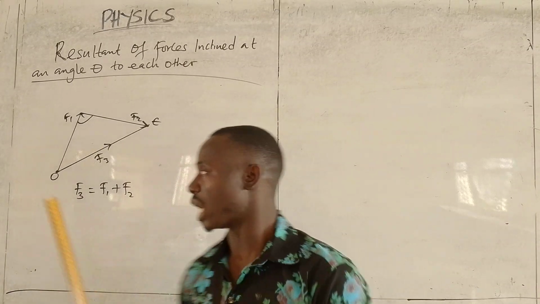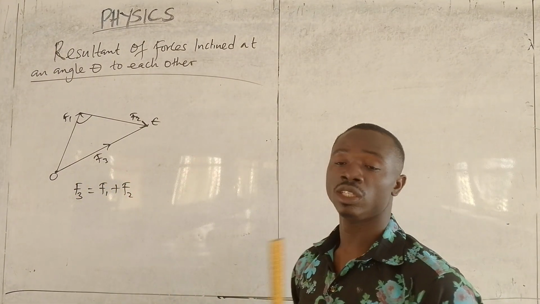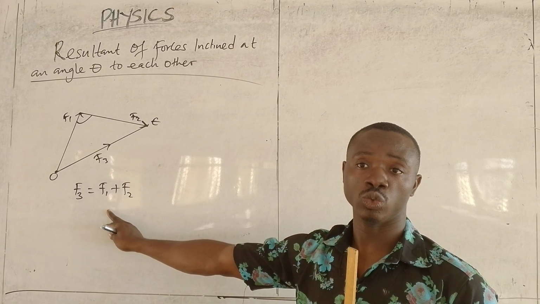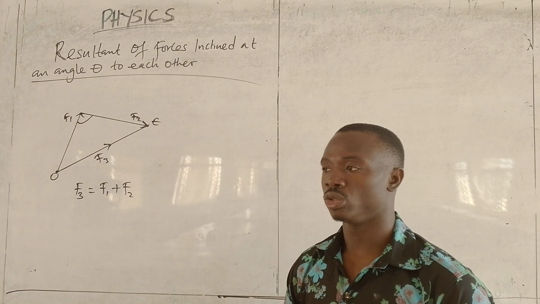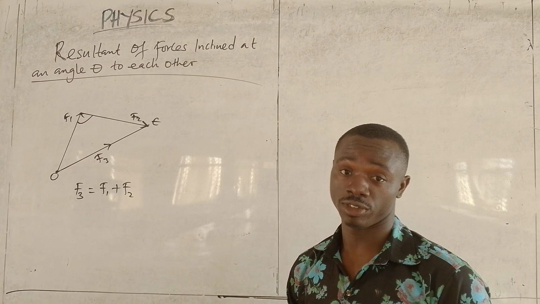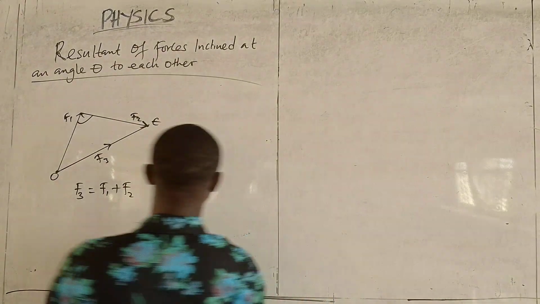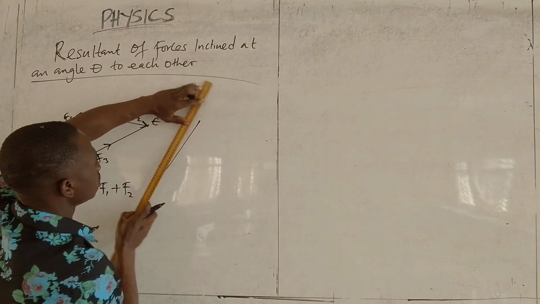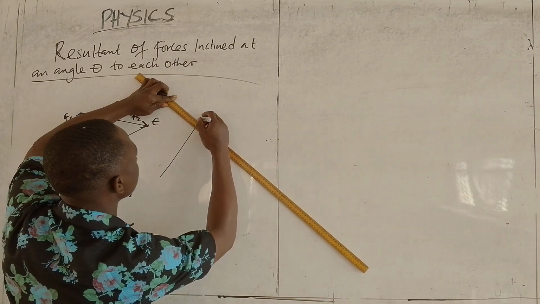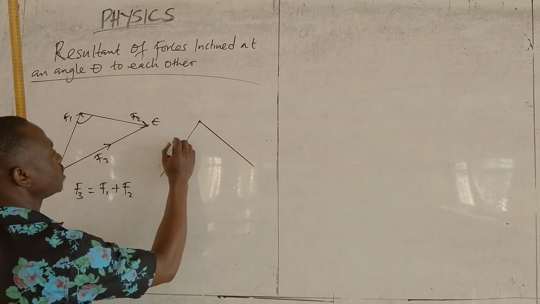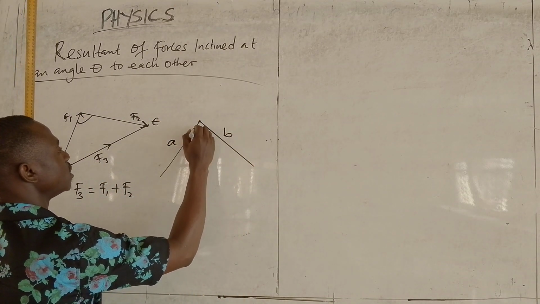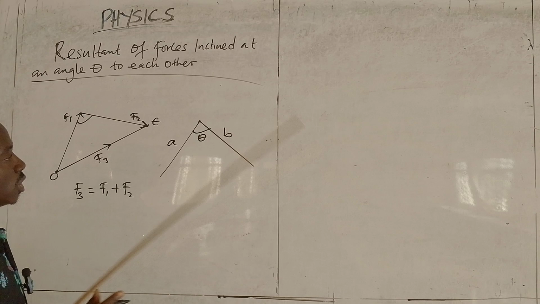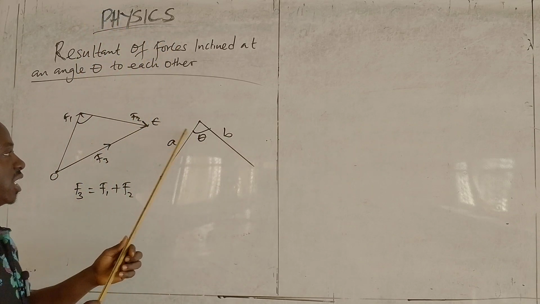Now, this addition is what we do in mathematics when we use the cosine rule. I believe you understand trigonometry very well, where if you have a triangle with two lines, A and B, that are inclined at an angle theta to each other, you have two lines and the included angle.